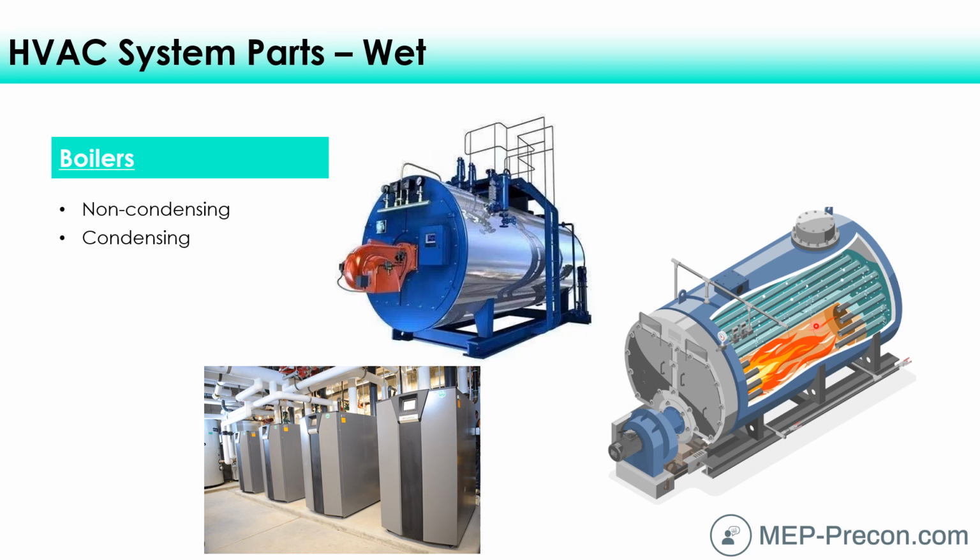But as you can imagine, the heat from the flames can give up its heat to the water that way. So a condensing boiler is designed to extract as much heat as possible before it leaves, and those can go up to maybe 96, 97, 98% efficient, depending on some temperatures of the water, essentially.